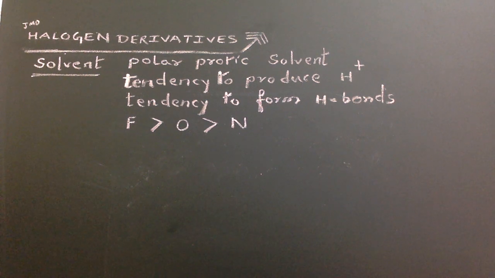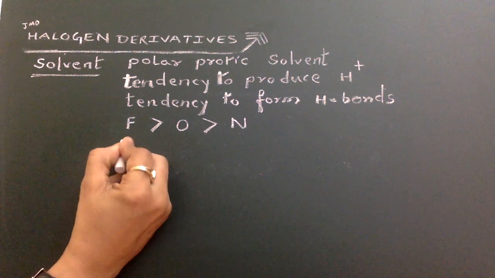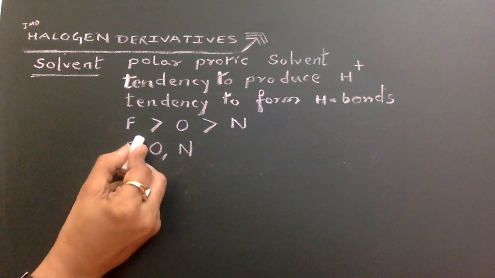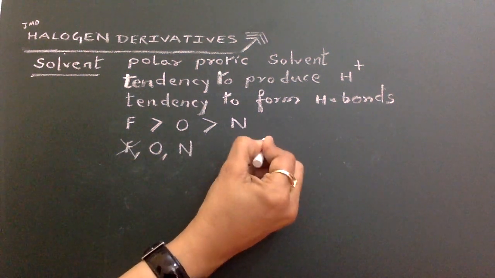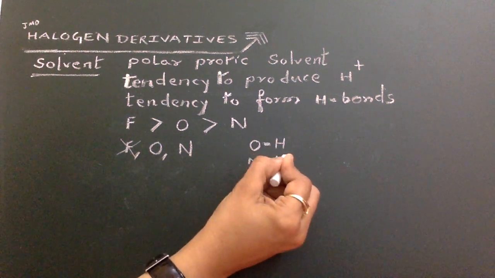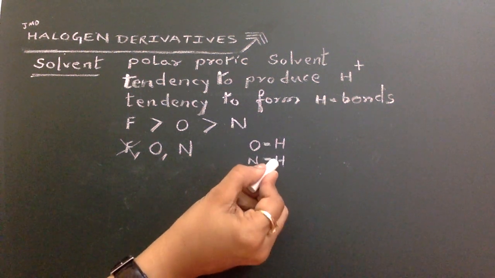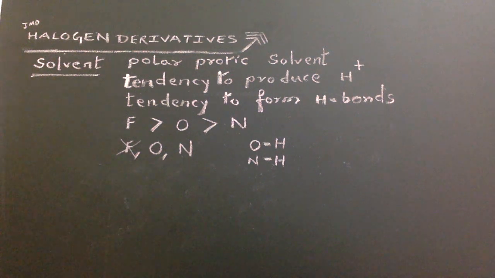These are molecules which have a hydrogen directly attached to fluorine, oxygen or nitrogen. Fluorine will not be of much importance to us, but any molecule with an OH bond or an NH bond will have a tendency to make hydrogen bonds and release protons, and such are the polar protic solvents.